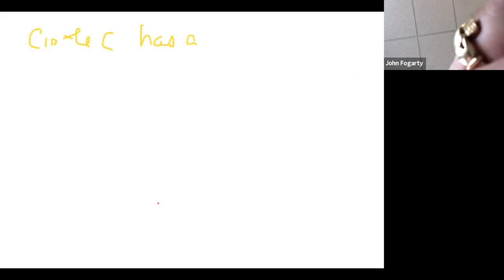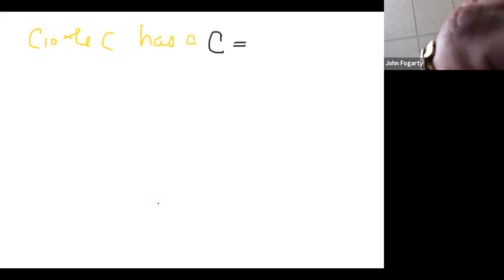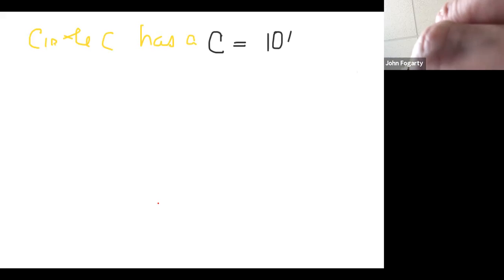So you always have to keep that in your head. So now we're going to use our circumference to find some other thing, all right? So if I tell you circle C has a circumference equal to 106.4 inches.